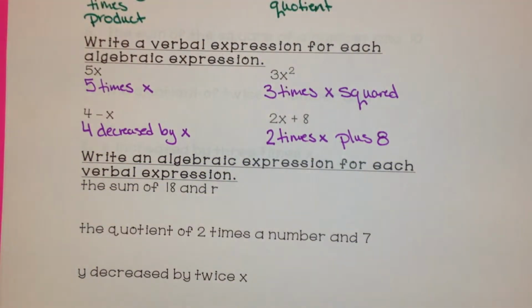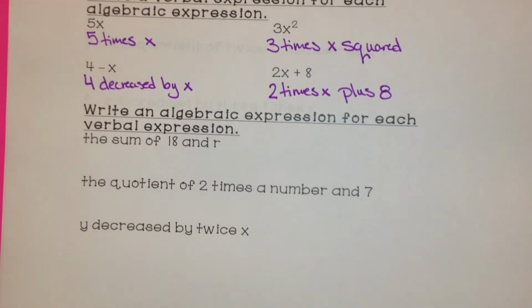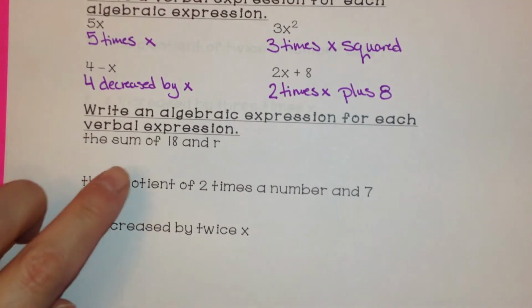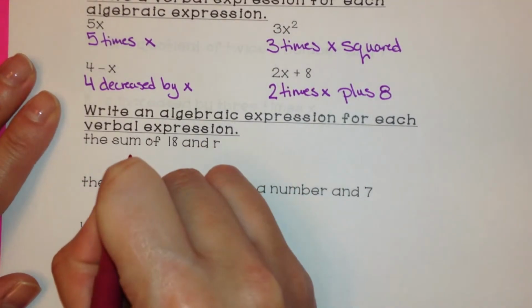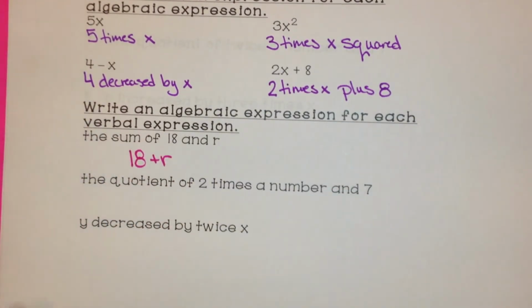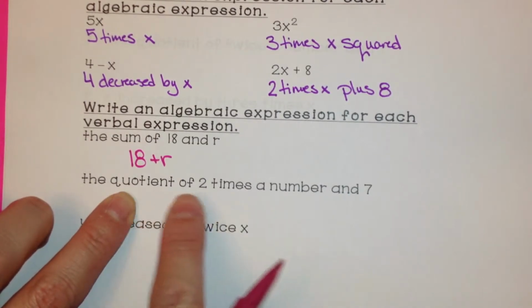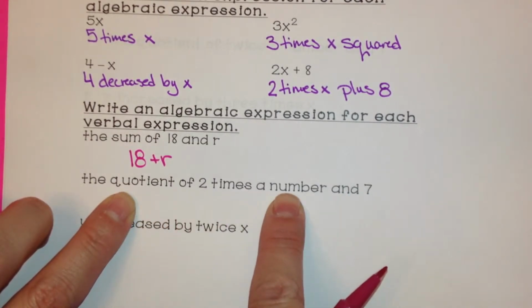Okay, so on these ones, we're going the opposite direction. So we're given the verbal expression, and we need to write the algebraic expression. So write an algebraic expression for each verbal expression. The sum of 18 and r. Remember, sum means addition, so I'm just going to put 18 plus r. The quotient. I know quotient means division. Of 2 times a number.